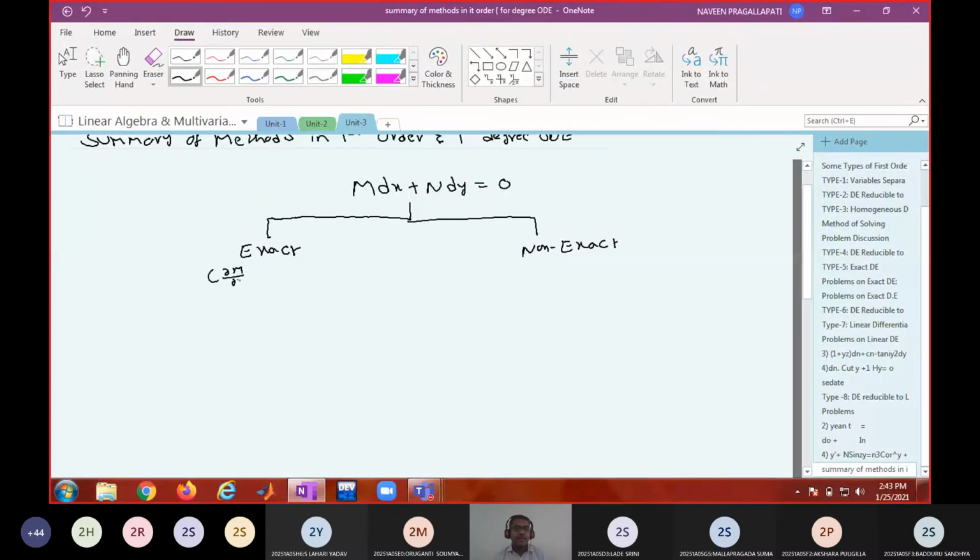Dou M by dou y equal to dou N by dou x. You will conclude it is non-exact when dou M by dou y is not equal to dou N by dou x. If it is exact, you know how to solve. Apply the formula and you will find the general solution. Done. If it is not exact, how do you proceed?